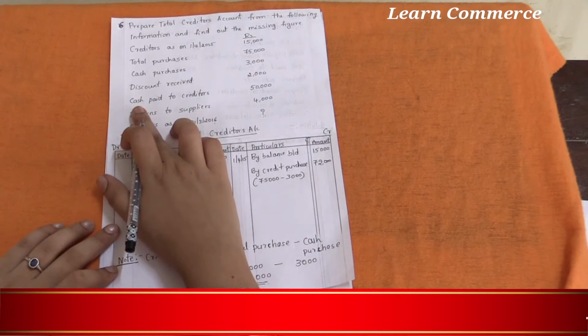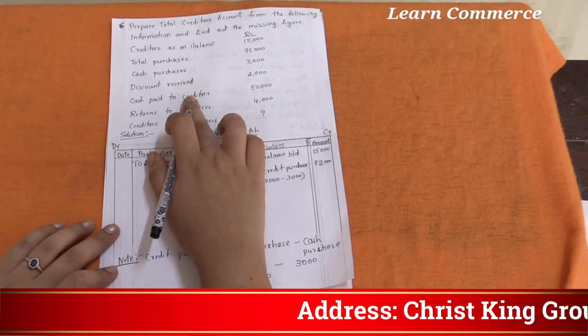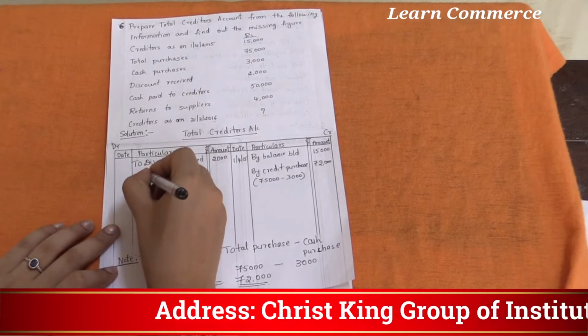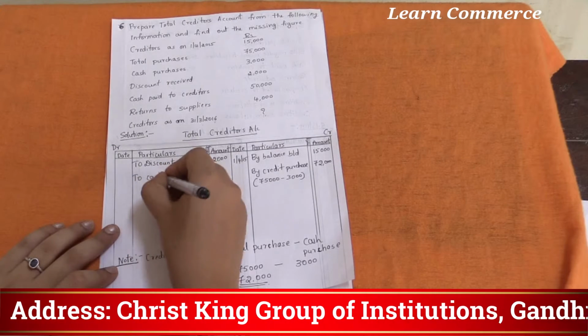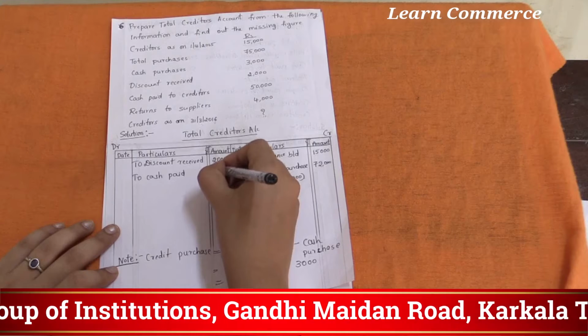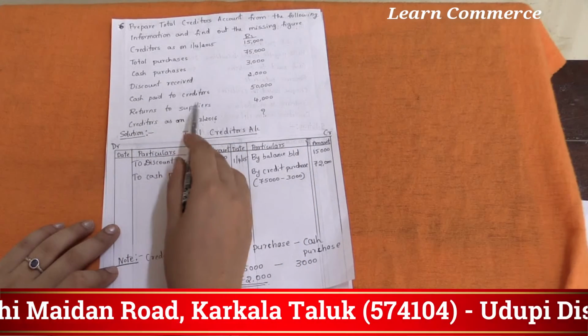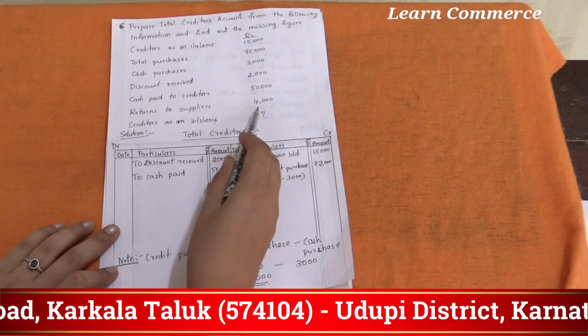Next, cash paid to creditors 50,000. This is recorded in debit side. To cash paid 50,000. Then returns to suppliers 4,000.